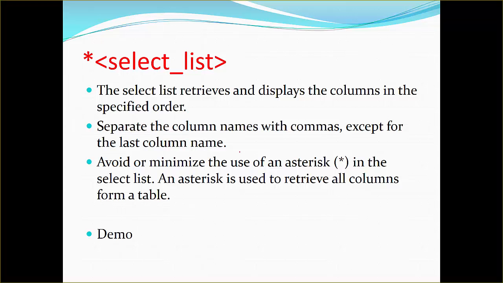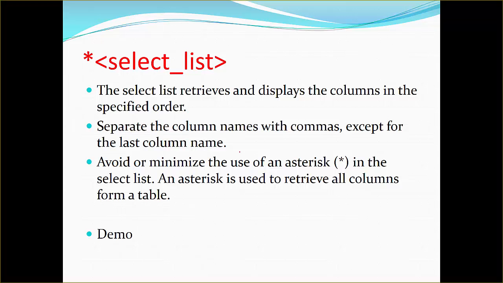Okay, now the select list, which is the list of columns in the table, comma separated, right, is expected to be separated with commas, right? Now, if you are trying to retrieve all the columns in the table, then there is a shortcut.